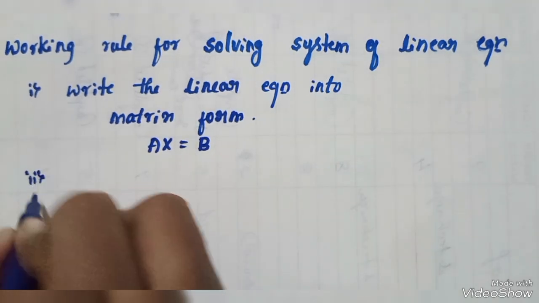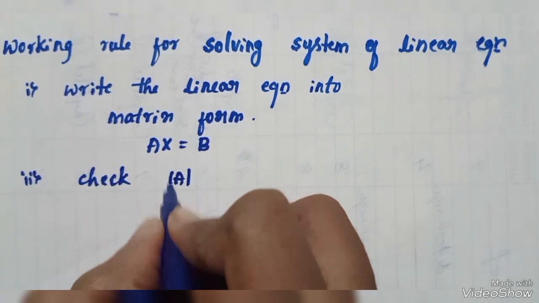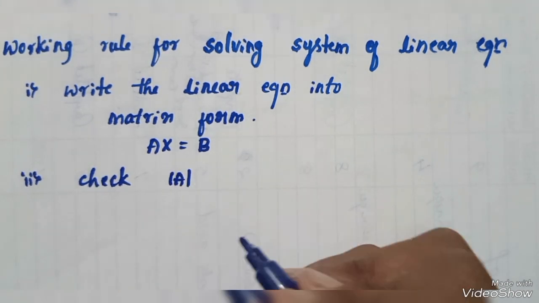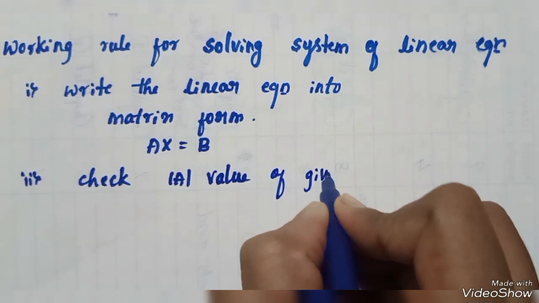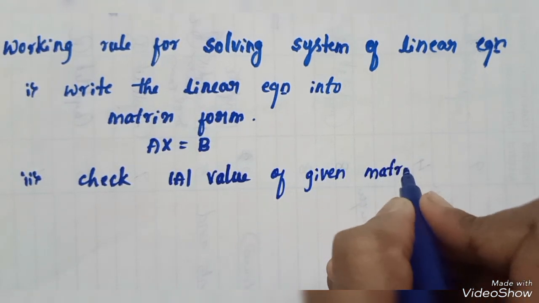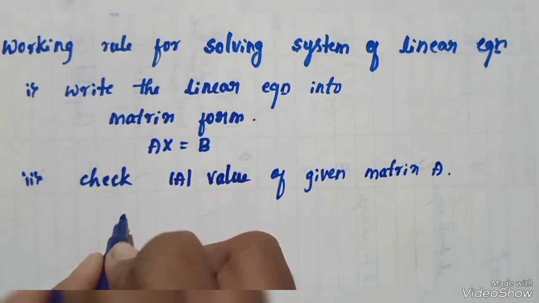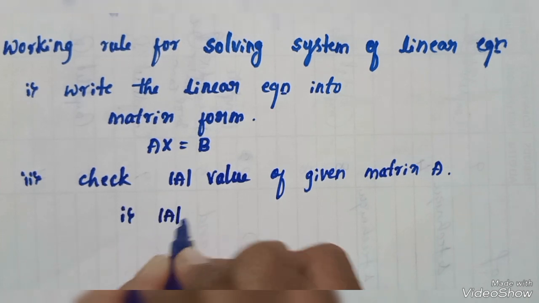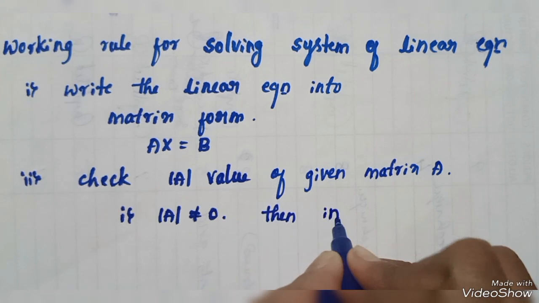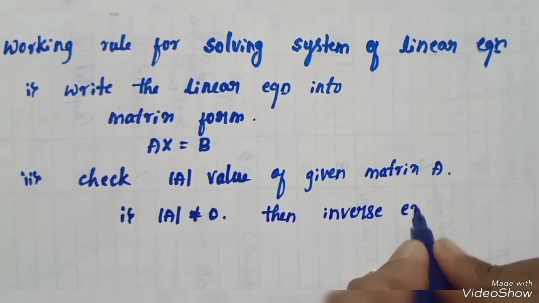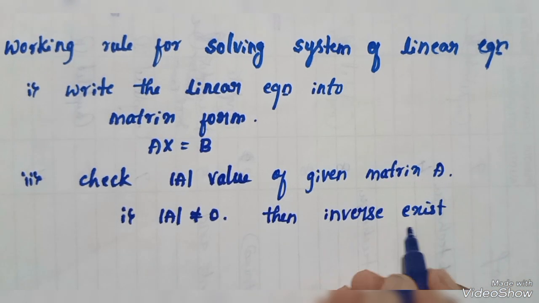In the second step, check the determinant value of the given matrix A. If determinant of A is not equal to 0, then the inverse exists.